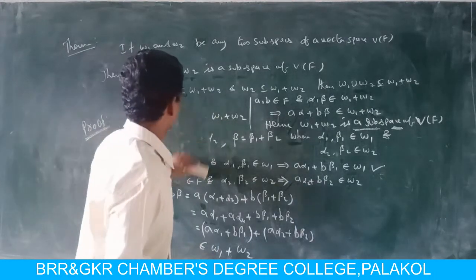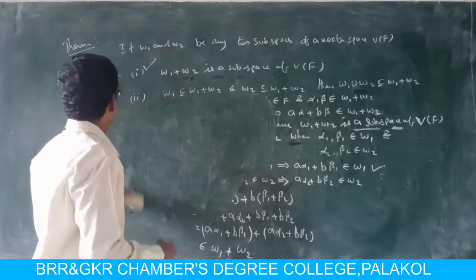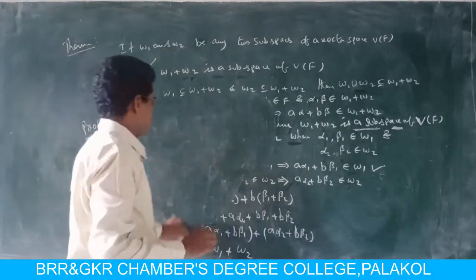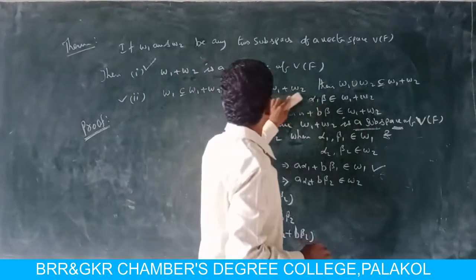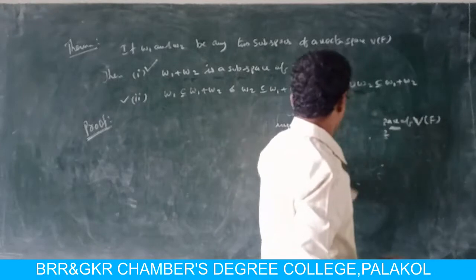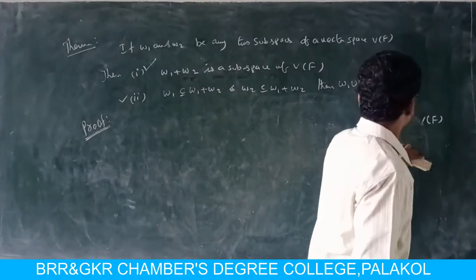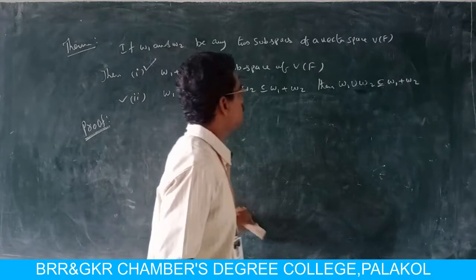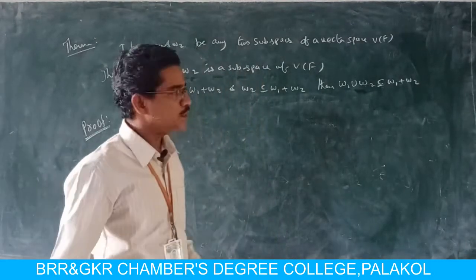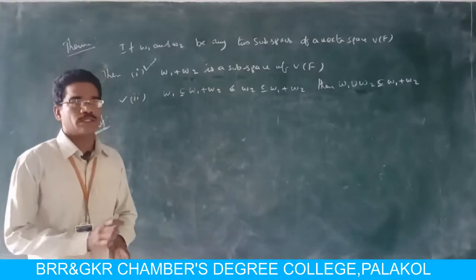Next, here the second case: W1 is a subset of W1 plus W2 and W2 is a subset of W1 plus W2, then W1 union W2 is a subset of W1 plus W2.